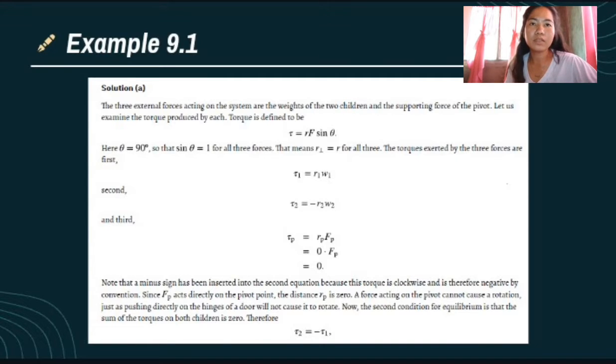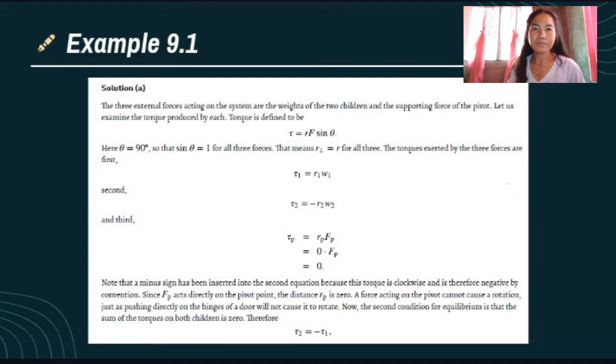Note that a minus sign has been inserted into the second equation because this torque is clockwise and is therefore negative by convention. Since force sub P acts directly on the pivot point, the distance r sub P is 0. A force acting on the pivot cannot cause rotation. Just as pushing directly on the hinges of a door will not cause it to rotate.